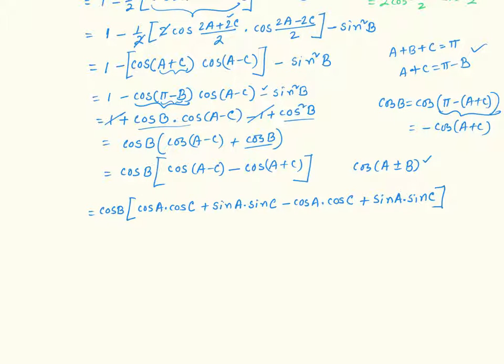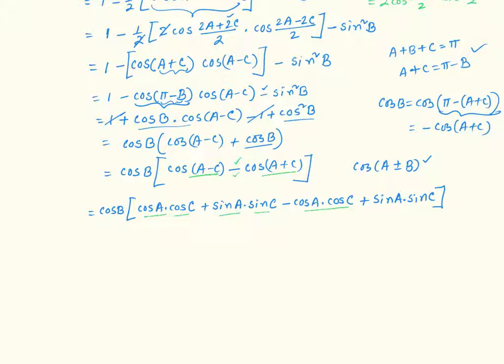Cosine of A minus C is going to give you cosine of A times cosine of C plus sine of A times sine of C. Then don't forget this negative, we have to distribute it. So if we distribute it, cosine of A plus C is going to be negative cosine of A times cosine of C. Then it was supposed to be a minus, and minus and minus is going to make it plus, right? So it's going to be sine of A times sine of C.